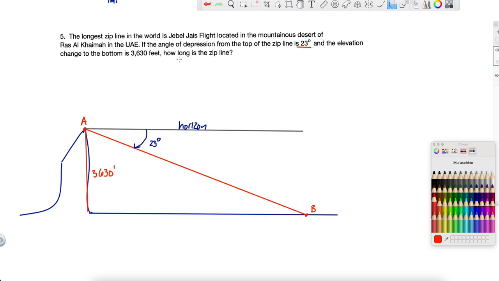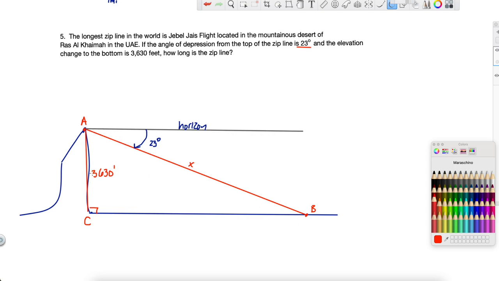And how long is the zip line? Well, the zip line is the distance from A to B. Let's call this C. I have a right angle right here, this vertical and this horizontal line. We're looking for this hypotenuse right here. I'm going to call it X.